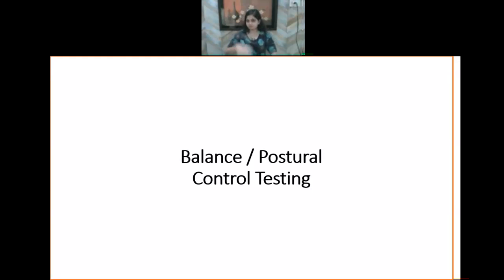Now balance. The previous tests I was telling you about were regarding VOR. For the balance tests, I'm talking about the VSR, vestibular spinal reflexes.